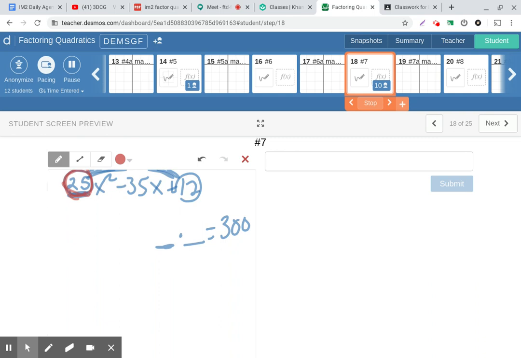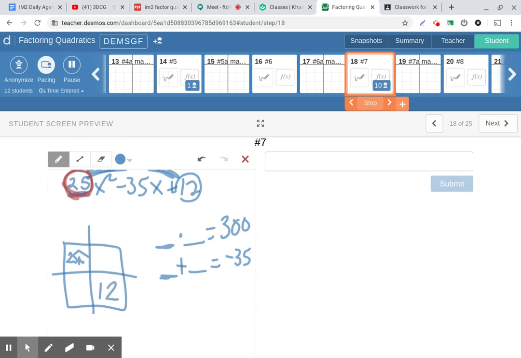Then we need two numbers, the same two numbers that add up to negative 35. Just by looking at this, I know they both have to be negative numbers. Okay, so I'm going to start with 25x squared here, and then 12 here.